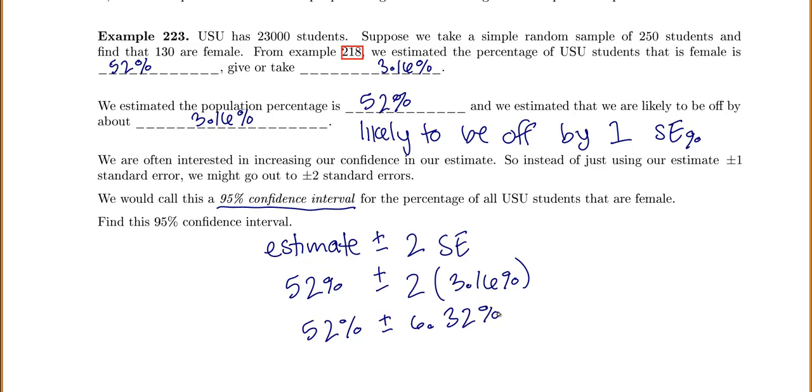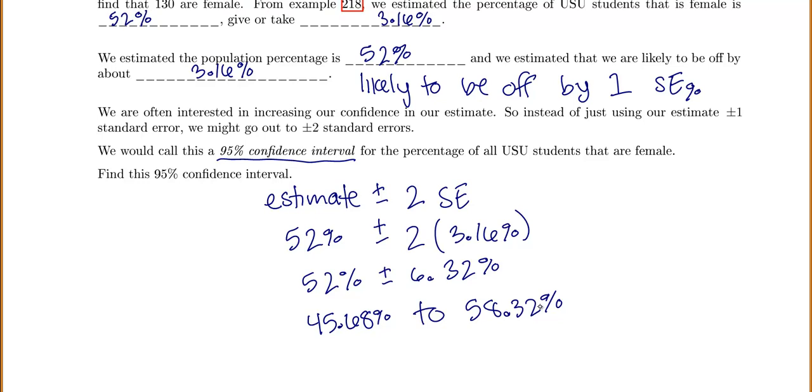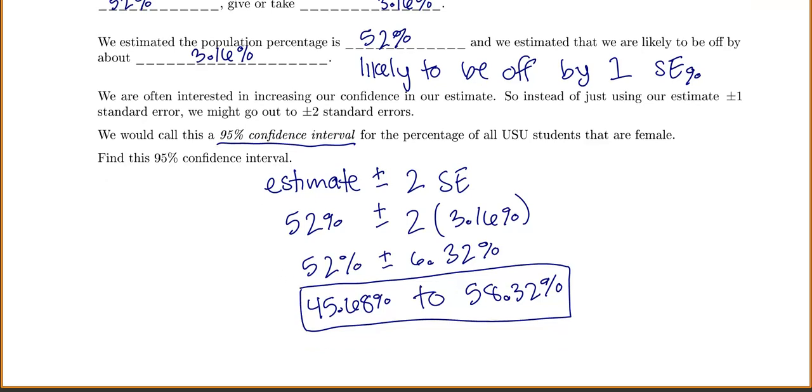If I do the subtraction first, 52 minus 6.32 gives me 45.68%. Now if I do 52 plus 6.32, then I get 58.32%. So this is a 95% confidence interval. Congratulations, we just found our first confidence interval, something that's very, very important to statistics.